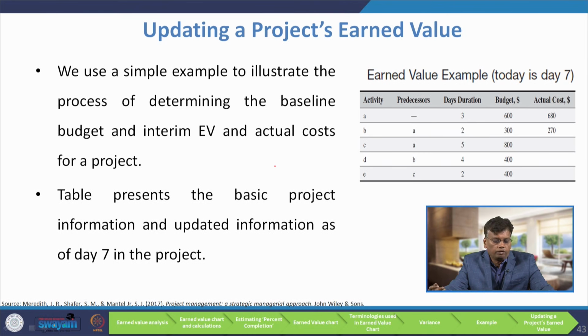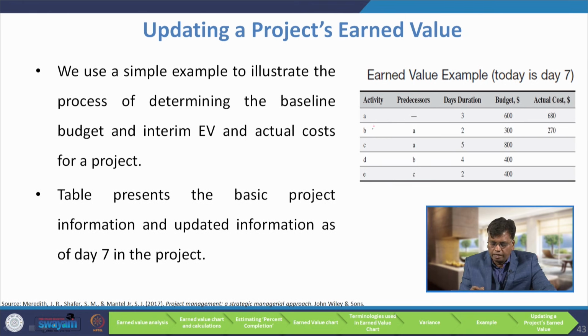Now I have taken another example to construct the earned value chart. We are going to update a project's earned value. I have taken one sample problem to explain. We use a simple example to illustrate the process of determining the baseline budget, interim earned value and actual cost for a project. The table on the right hand side presents the basic project information and updated information as of day 7 in the project.